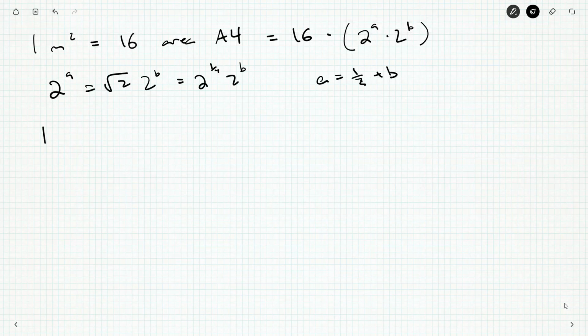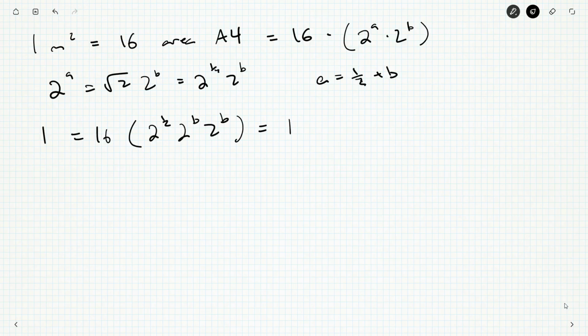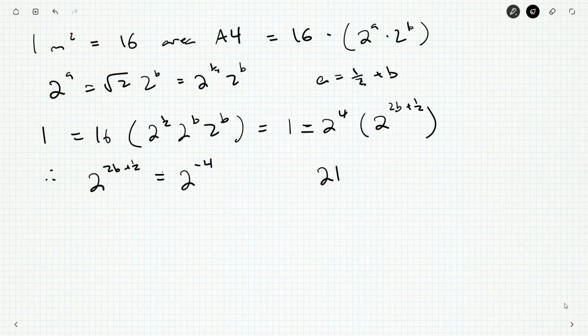And so 1 meter squared is 16 times √2. So 2 to the 1/2, 2 to the B, 2 to the B. This part here is 2 to the A. So 1 times 1 equals 2 to the 4, and then 2b plus 1/2. So that tells me 2 to the 2b plus 1/2 is 2 to the negative 4, and so 2b plus 1/2 is negative 4.